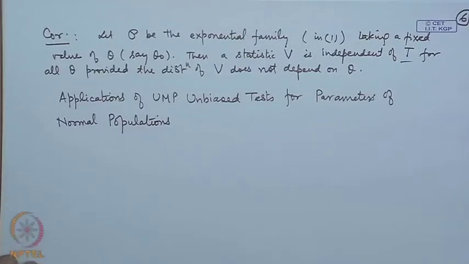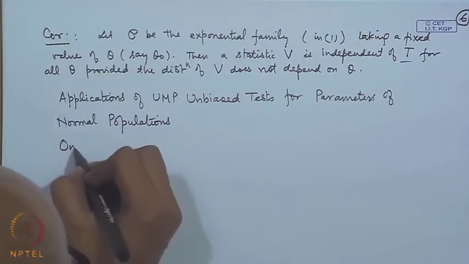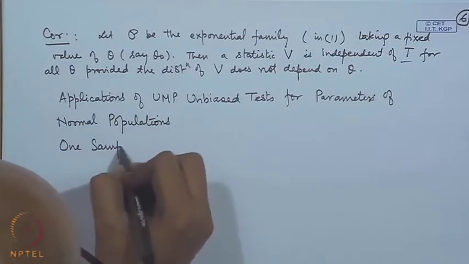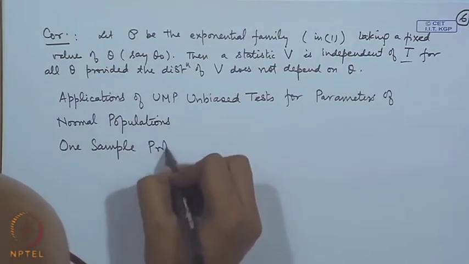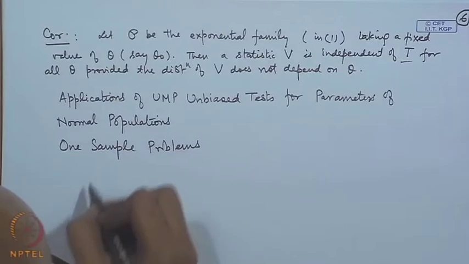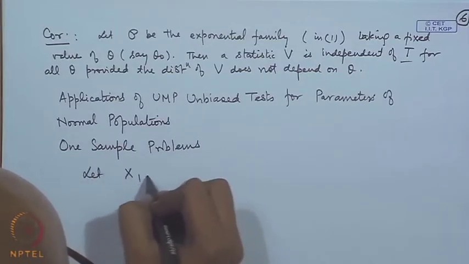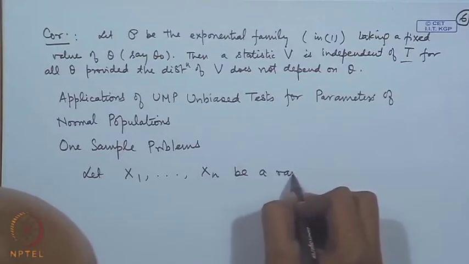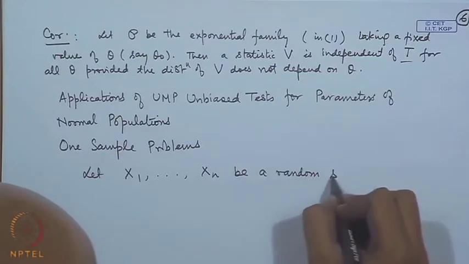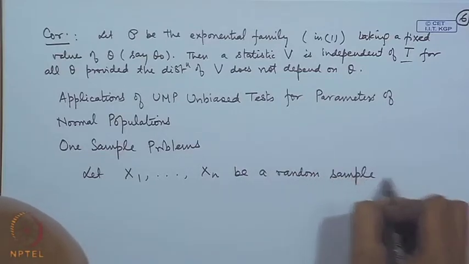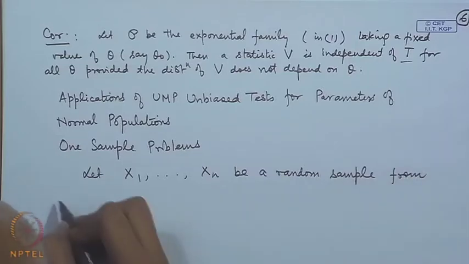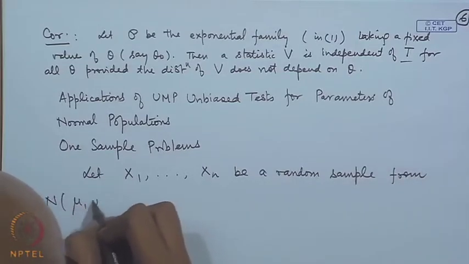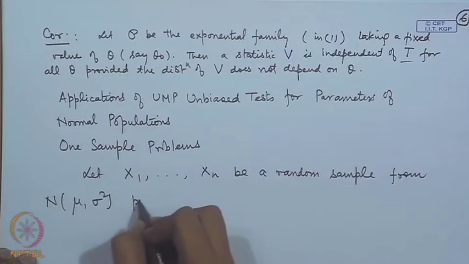To start with, let us consider one sample problems. Since we are having X1, X2, ..., Xn, a random sample from normal mu, sigma square distribution.